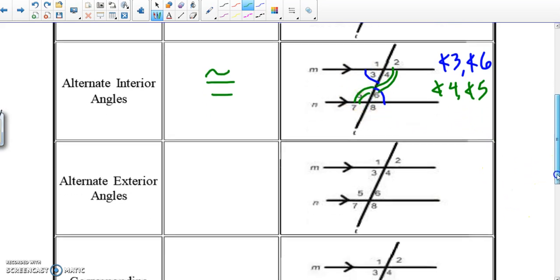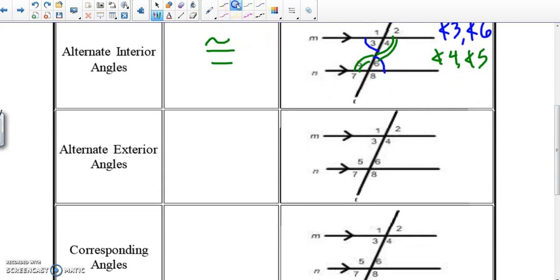All right, alternate exterior, very similar. Alternate exterior angles, the exterior means that they're on the exterior, they're outside your parallel lines. So they're up above and below those parallel lines. And same thing, the alternate part means they're on opposite sides of the transversal. So angle 2 and angle 7 are alternate exterior angles.